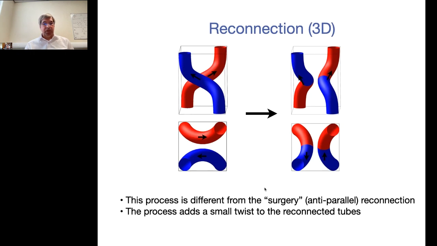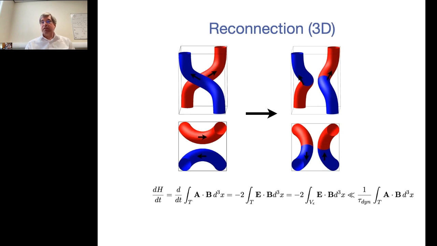But since we typically have three-dimensional configurations, the process is slightly different, and it actually adds a small twist to the connected flux tube. And that is consistent with our equation for the helicity evolution. Remember, that was d by dt of the integral of A dot B equal to minus 2 times E dot B.